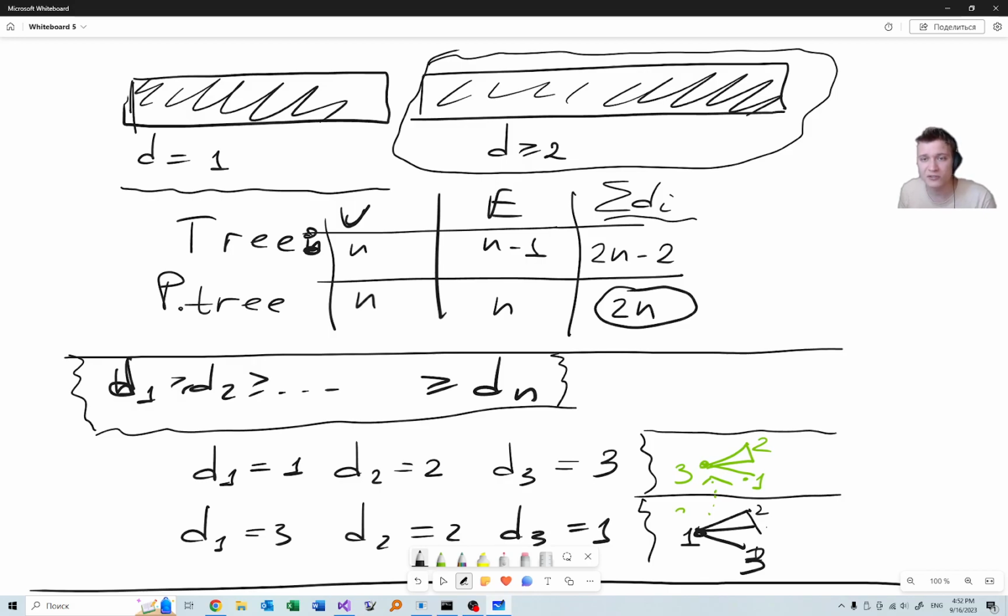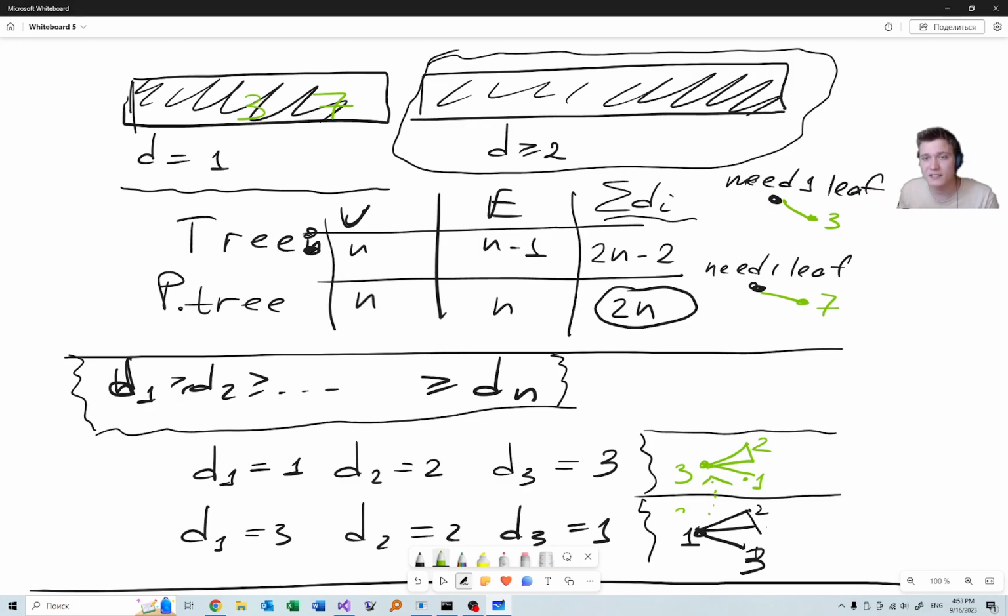It's not unique in the sense that if you have two vertices which need one leaf each, and we have, for example, two leaves with numbers 3 and 7, we can add 3 here and 7 here, or vice versa.